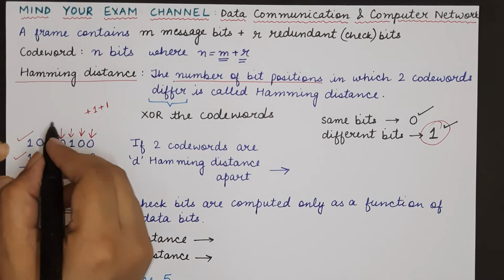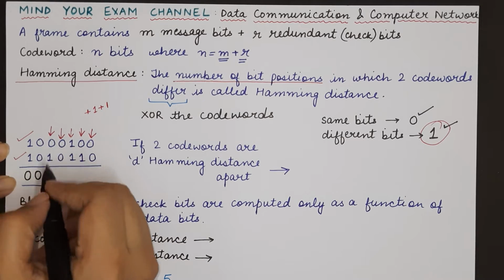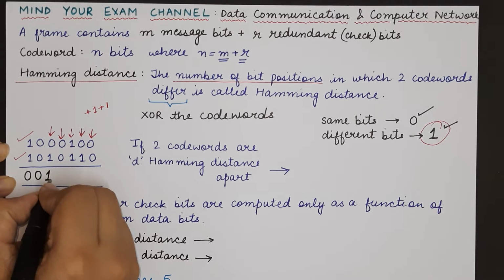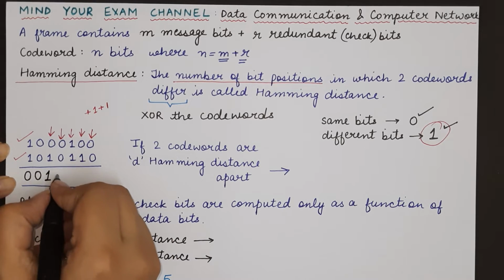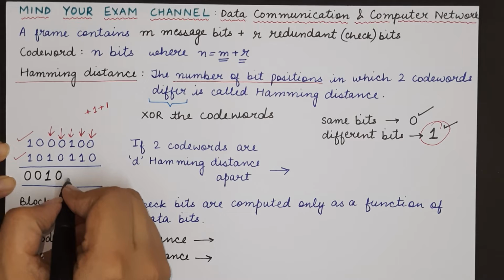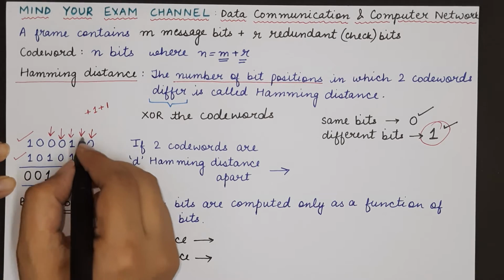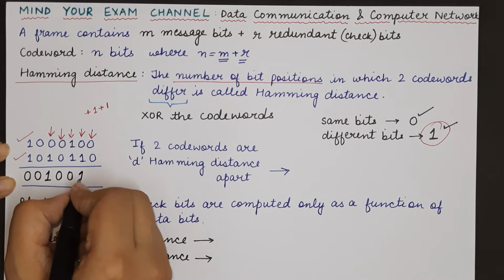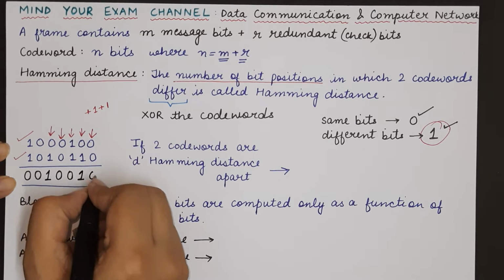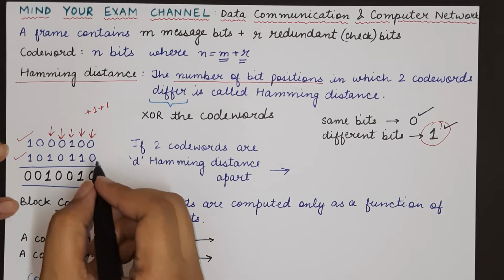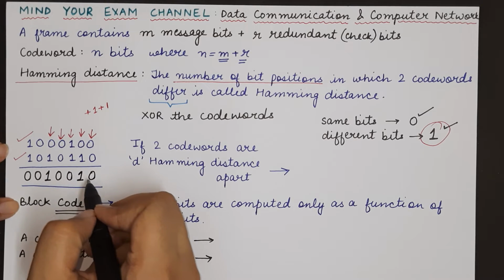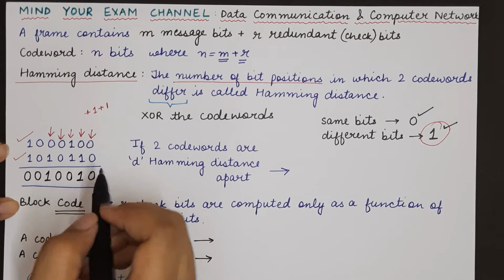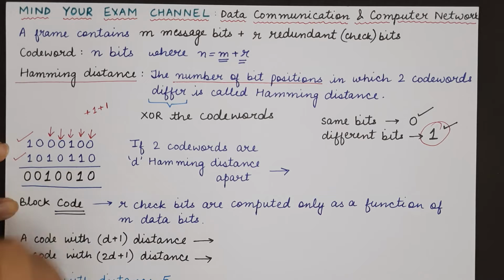Now at this location the bits are different, so the result of the XOR will be 1. Here the bits are same, so again 0, same bits, again 0, and here at the second last location the bits are different, so a 1 will be there in the result of XOR, and at the last location another 0 because the bits are same. Now this is the result of XOR.